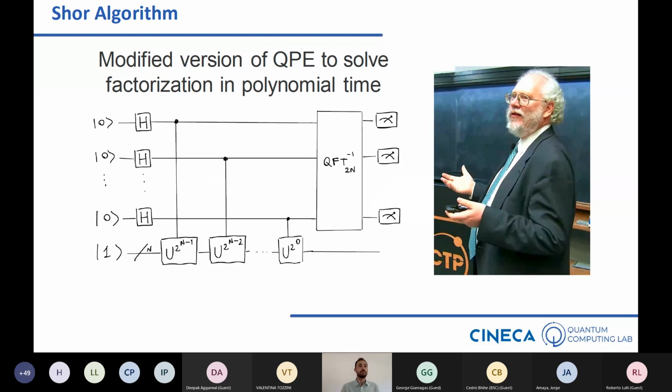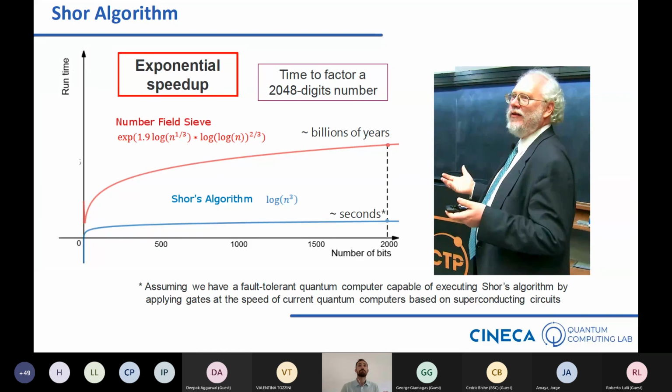Finally, this is just a simple graph showing the runtime. In red, you have the best classical algorithm, which is the number field sieve, which solves the factorization problem in exponential time.